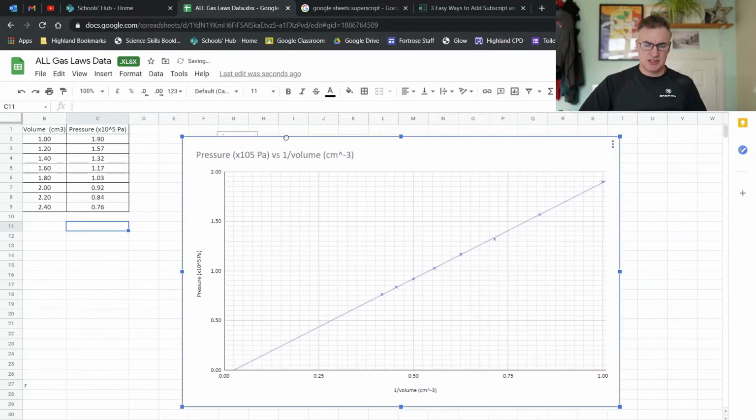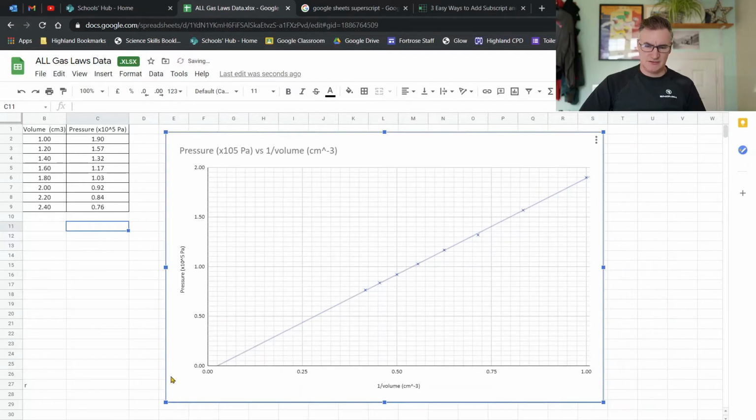We can now see that we have a different story altogether. We're getting a pretty good straight line. Most points are on the best fit line, and we're not quite getting an intersect at the origin here.